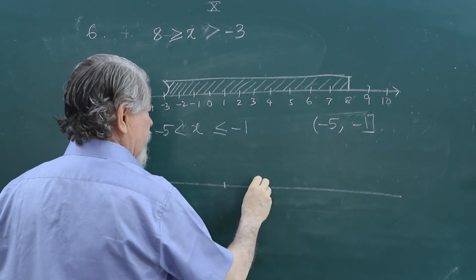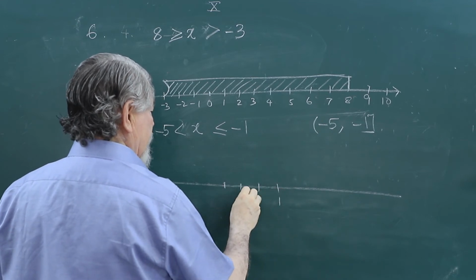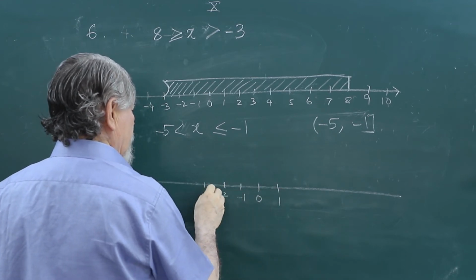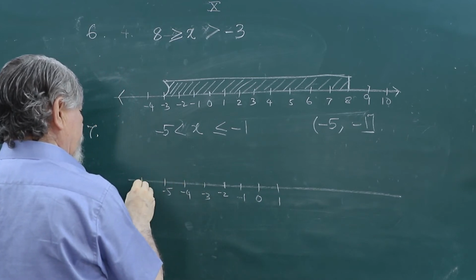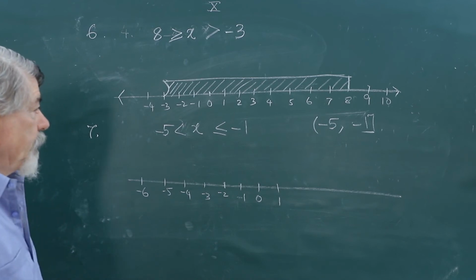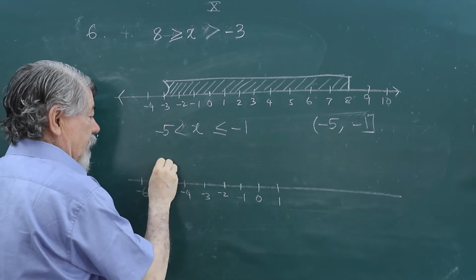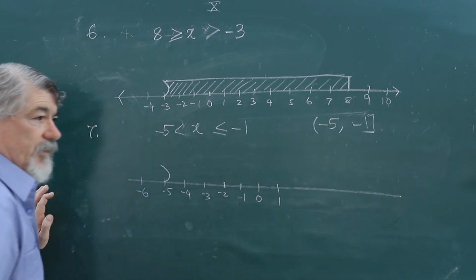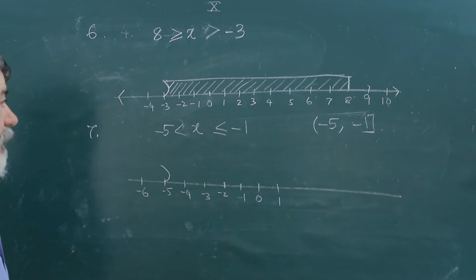Again, it is coming only on the negative side, so we can just write 1, minus 1, minus 2, minus 3, minus 4, minus 5, minus 6. Now it says greater than minus 5. Greater numbers will be on the right side, and for lesser numbers you go to the left side.